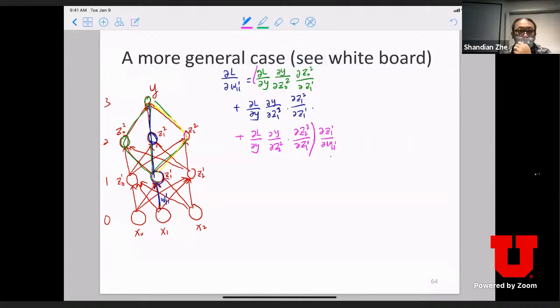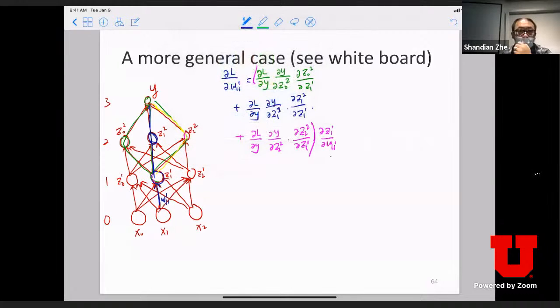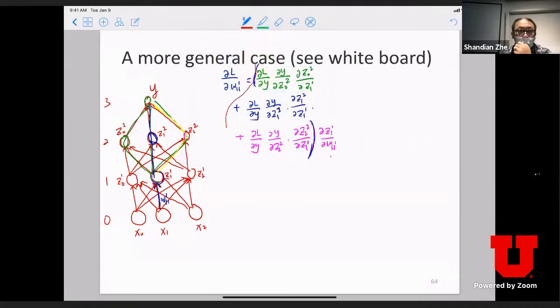So now, who can tell me what you can observe by looking at the summation of the three products inside this parentheses? Let me circle them. Does this result reflect some other meaning?